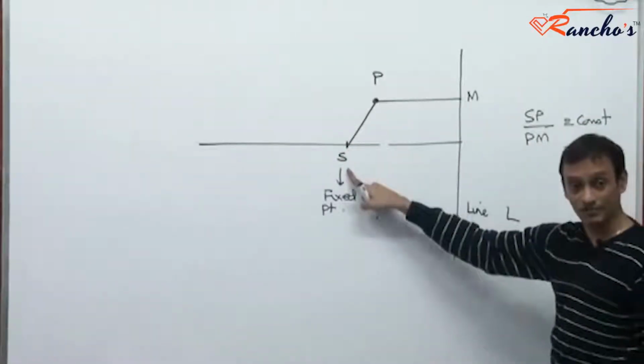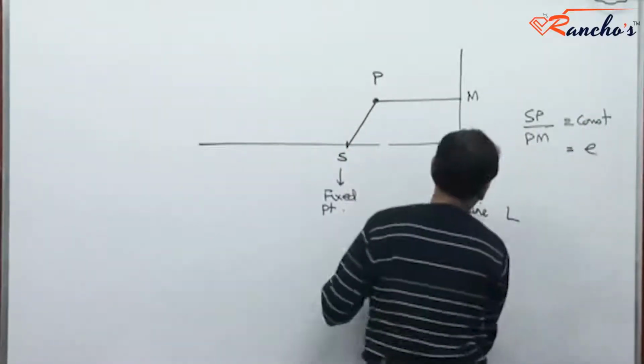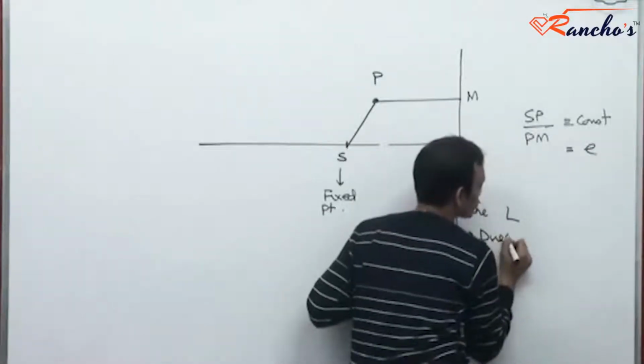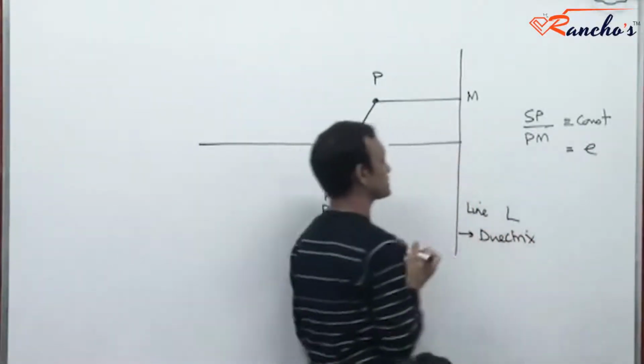This fixed point is a focus, and this fixed line is called the directrix of the ellipse.